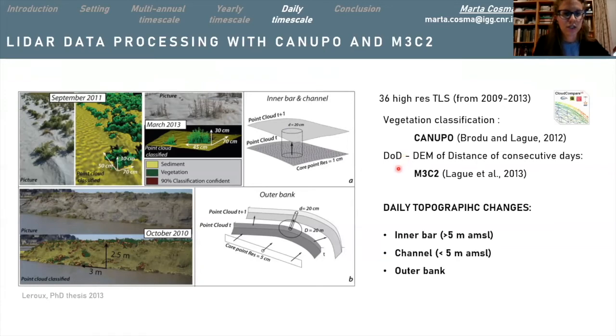He used the distance between consecutive days using the M3C2 plugin, always in CloudCompare. M3C2 uses the point cloud directly without any kind of interpolation method, and therefore the minimum surface change detectable at the 95% confidence level is about 5 millimeters.